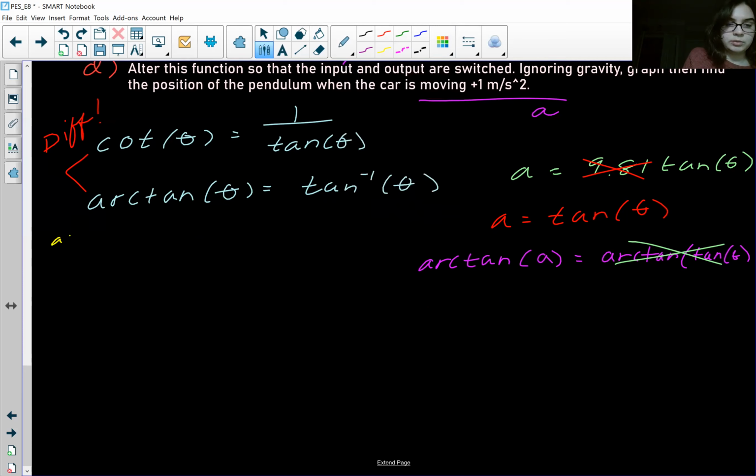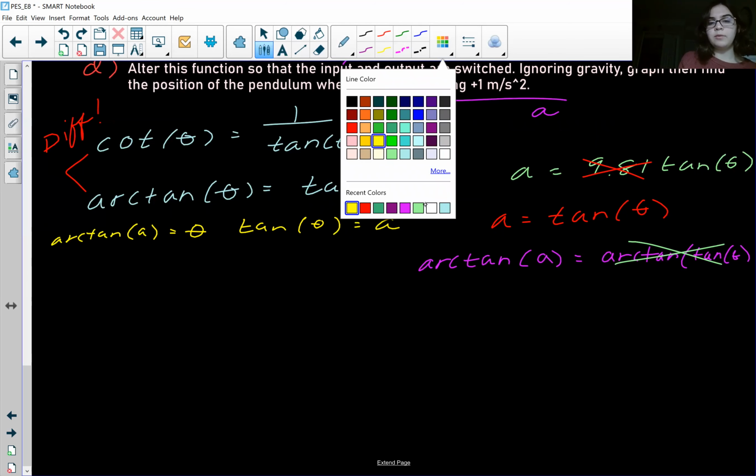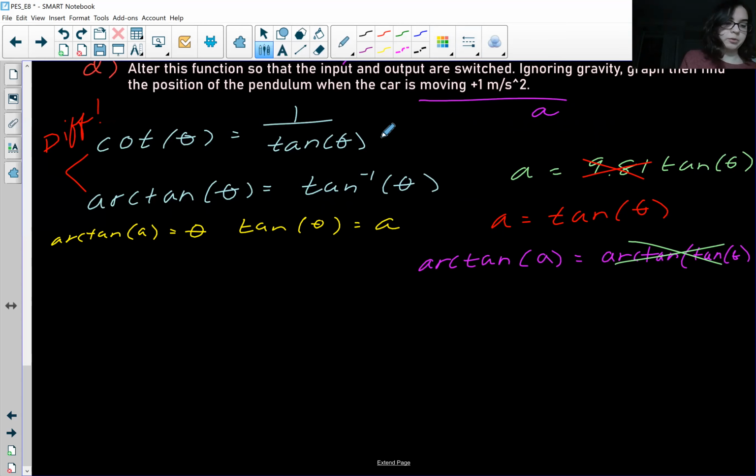So arctangent of a equals theta, and we have tangent of theta equals a. So we know that inverses have their domains and ranges switched, which is helpful for us.